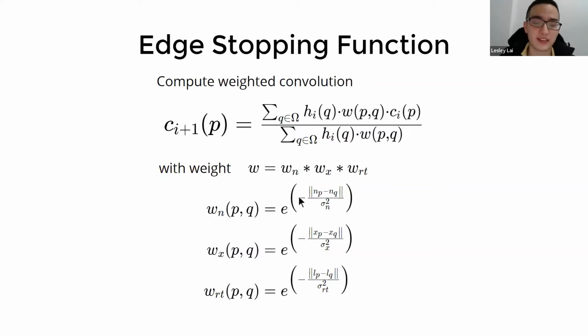So in practice, it means that pixels will only contribute if their normal is very close to the normal of the point we want. And also position is a similar deal.